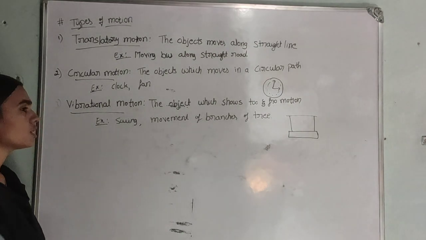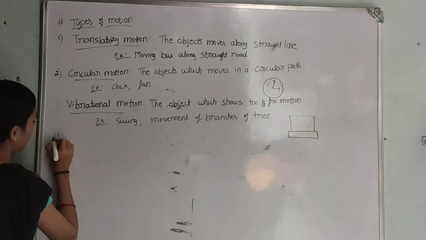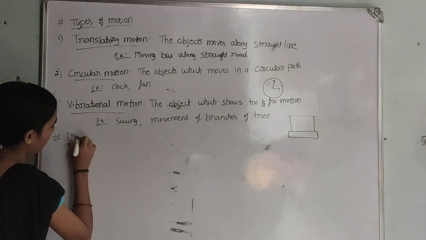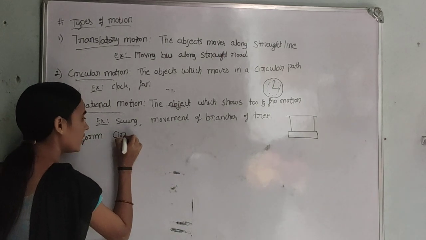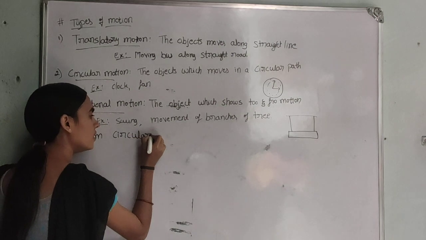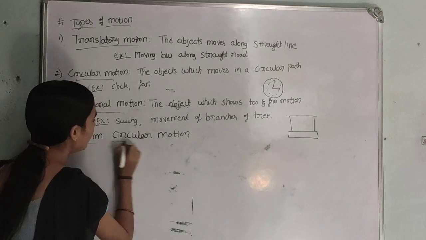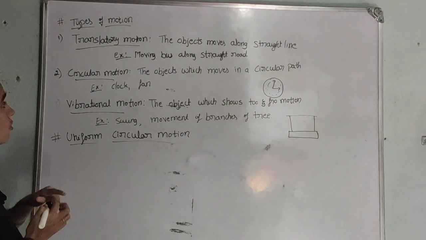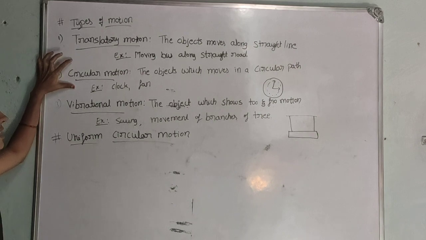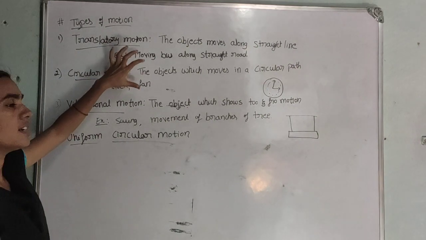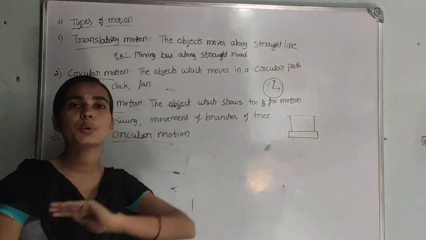The next concept is uniform circular motion. This is your actual syllabus. We know the definition of a circular motion: the motion of an object which moves in a circular path.